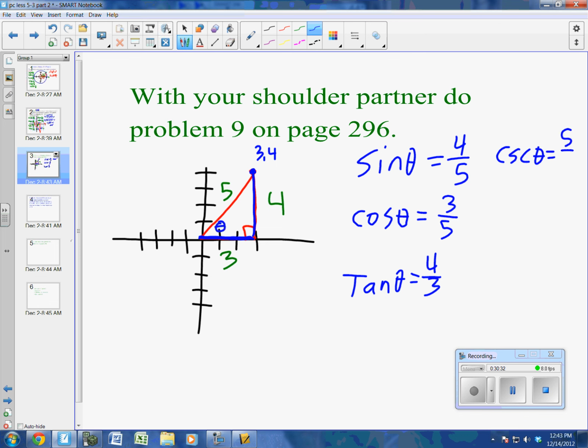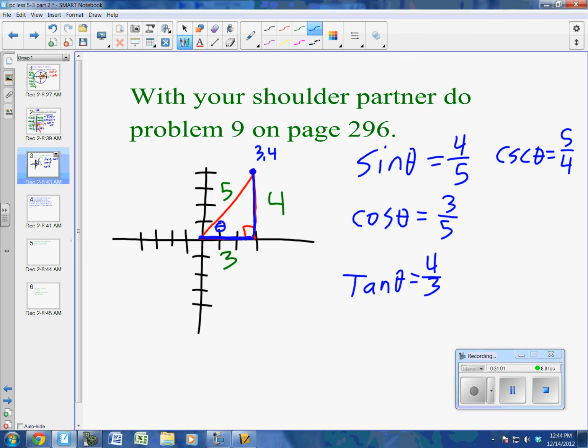How'd you get that? Hypotenuse over opposite is the correct answer. Because the hypotenuse is r and the opposite is y. Okay? All right.